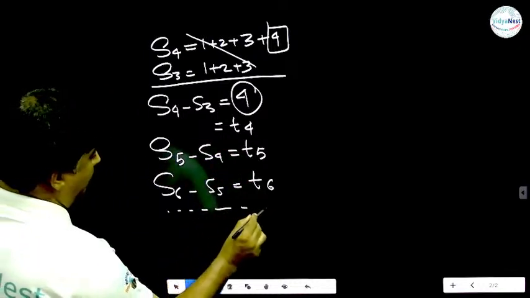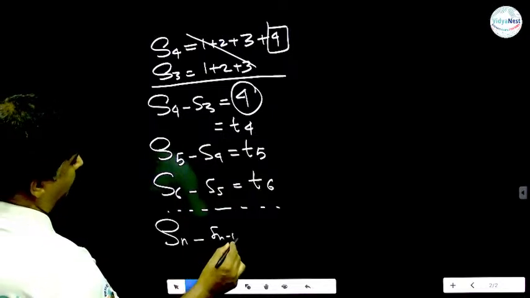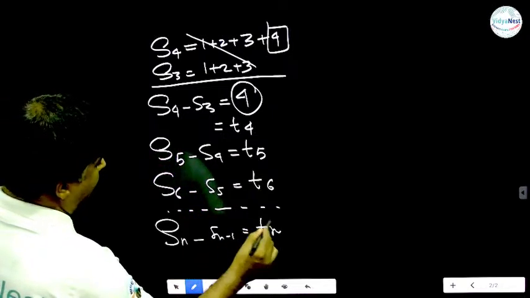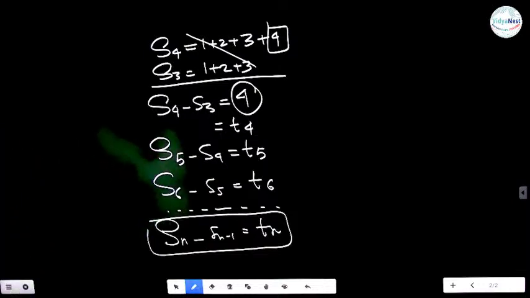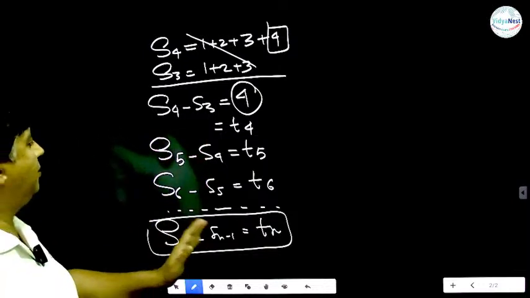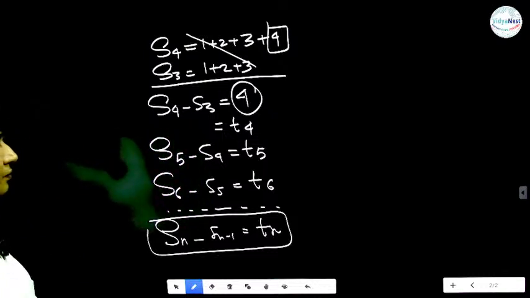Proceeding in this way, Sn minus S(n minus 1) is nothing but Tn.